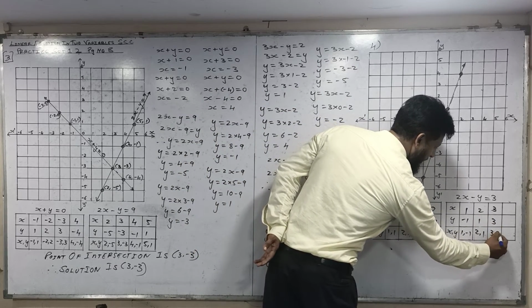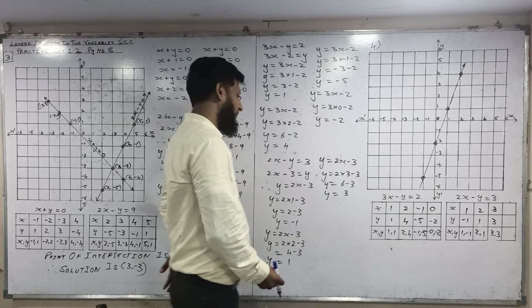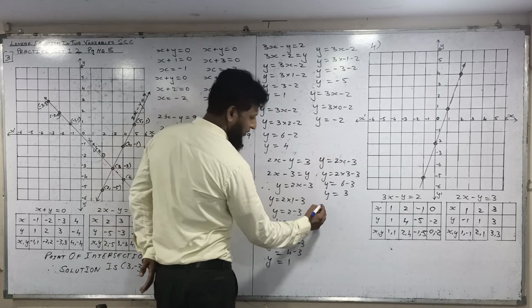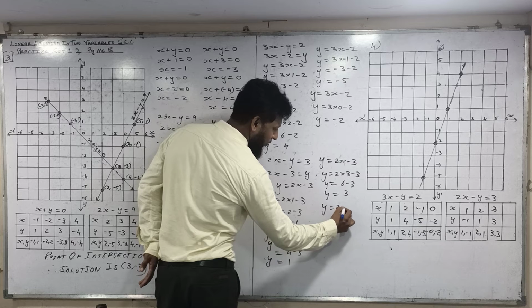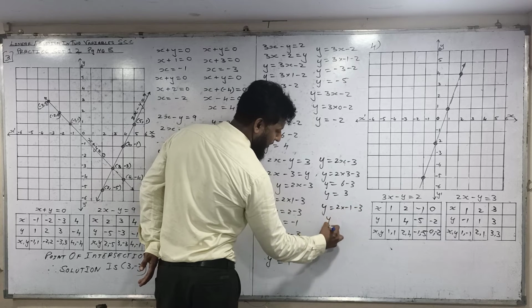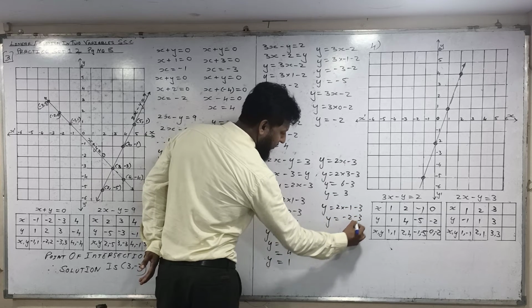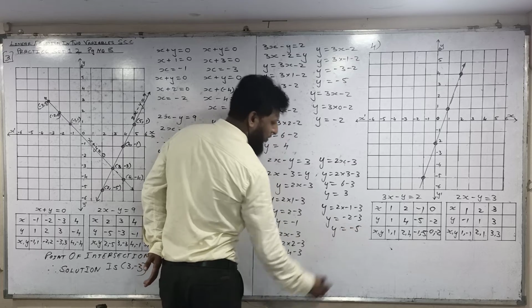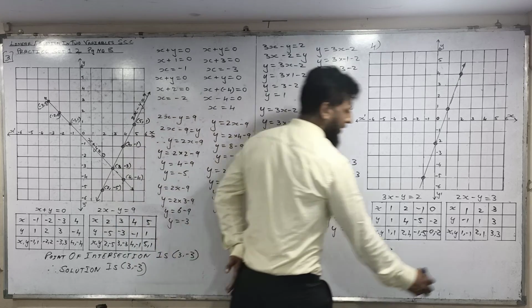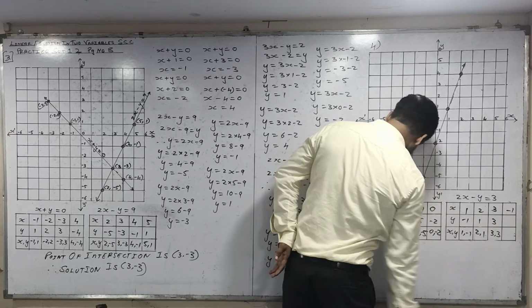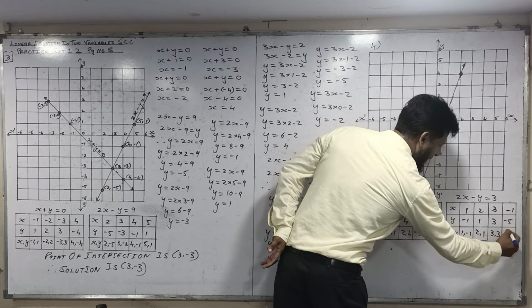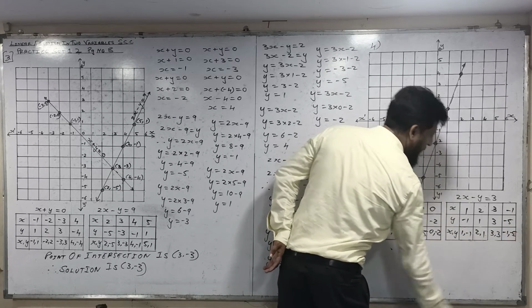So 3 and 3. Now take one negative value, minus 1, x is equal to minus 1, y is equal to 2 times 1 is 2, minus 3, y is equal to minus 5. So when x value minus 1, y value minus 5, minus 1 and minus 5.